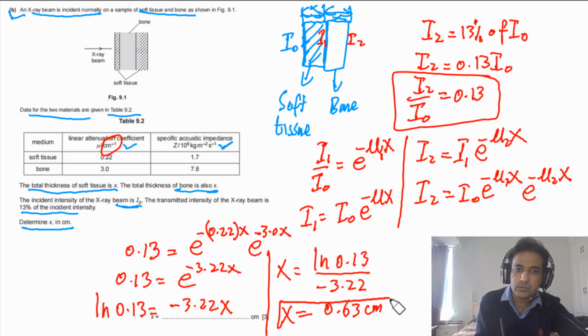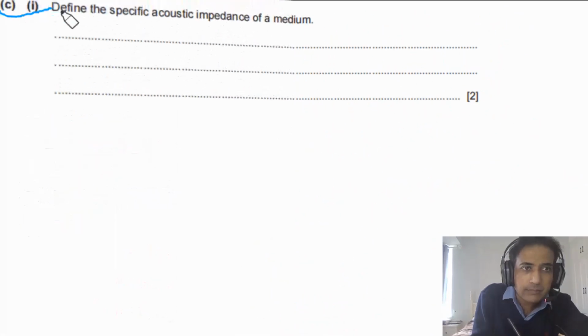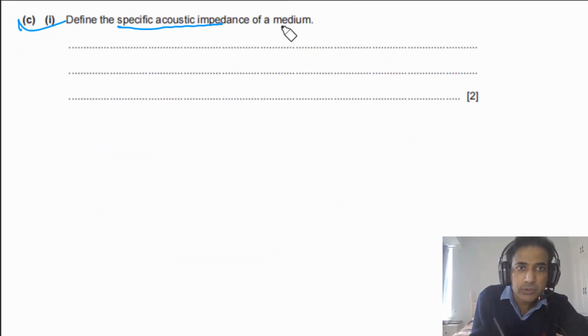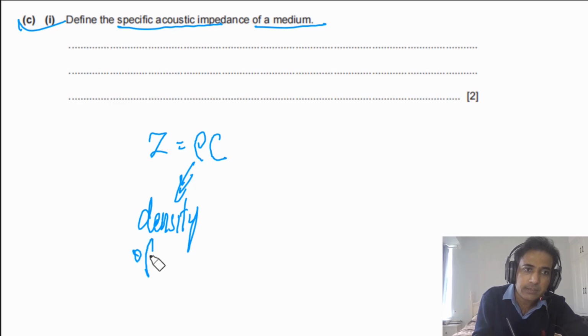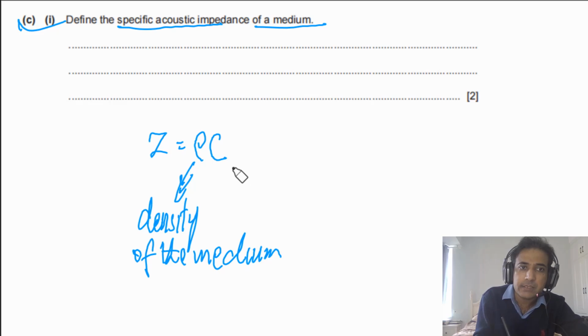So this is our final answer. This is how you can calculate. C1 says define the specific acoustic impedance of a medium. Acoustic impedance Z is equal to rho times C. Rho is the density of the medium, and C is the speed of ultrasound in that medium.